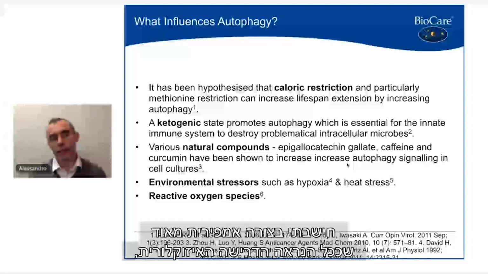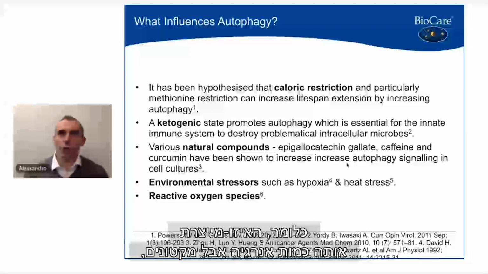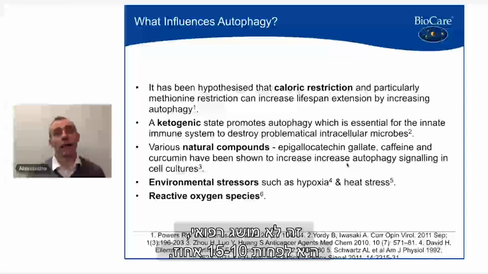I have very empirically worked out that probably to be isocaloric, or iso-producing the same amount of energy but from ketones, that's not a medical term, is at least 10 to 15%.